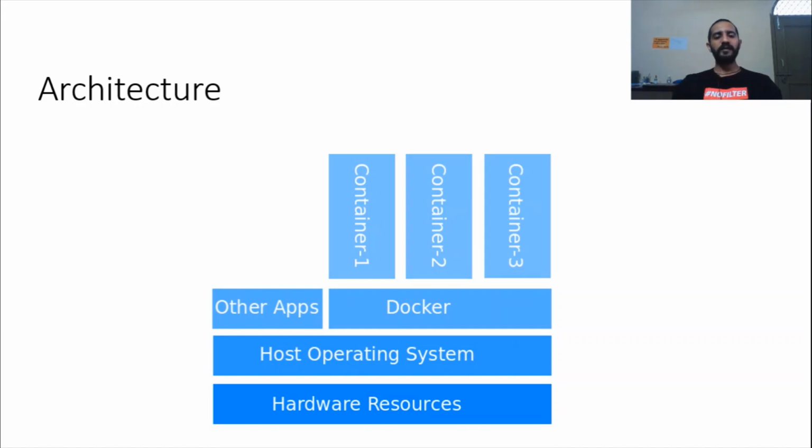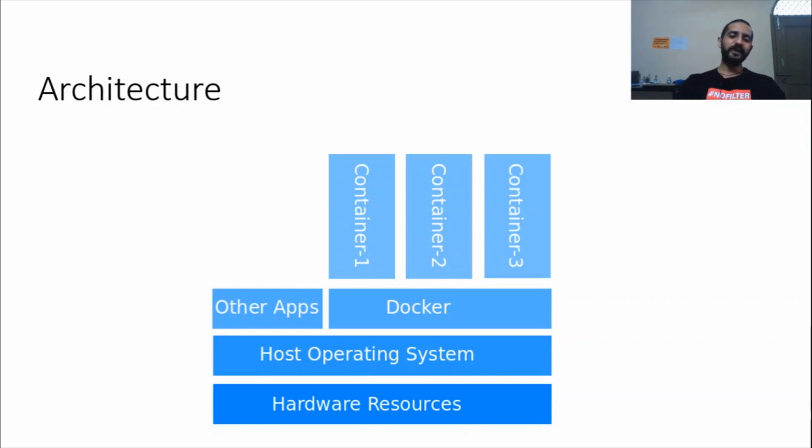So see, this is the basic architecture of containerization. First of all, we have hardware. On that hardware, we have a host operating system. And on that operating system, Docker is installed. Docker can further have multiple containers running in it.